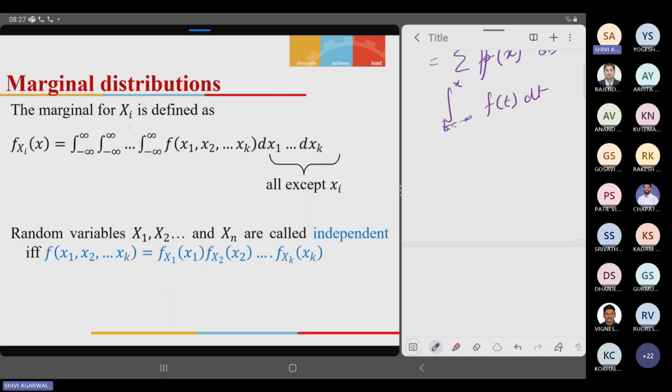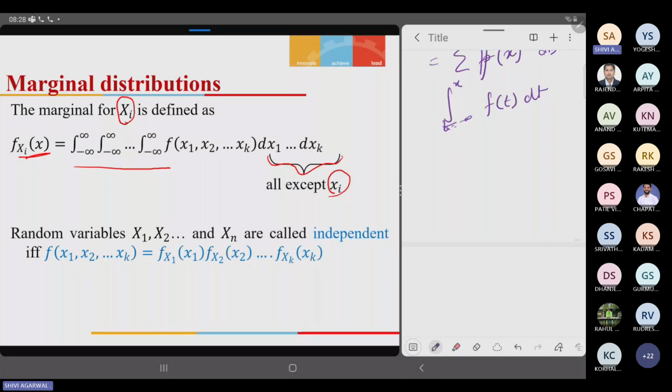The marginal for Xi can be written as f(xi), integrating k minus 1 times, dx1 up to dxk, but not integrating with respect to xi.